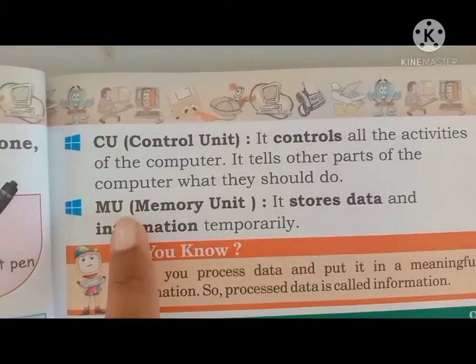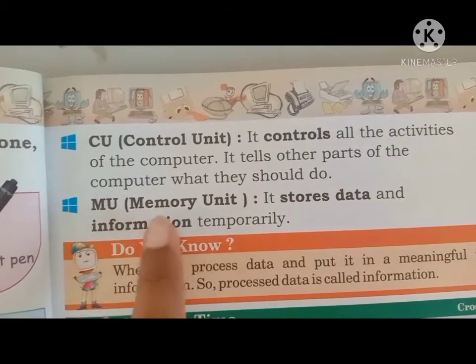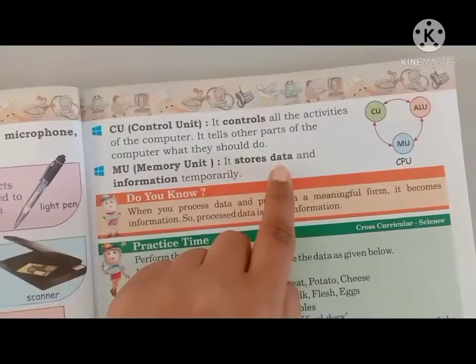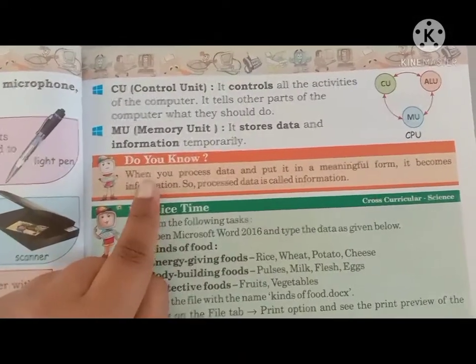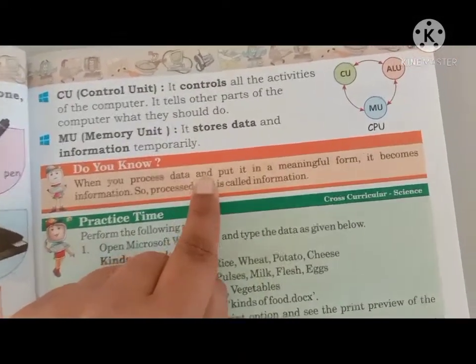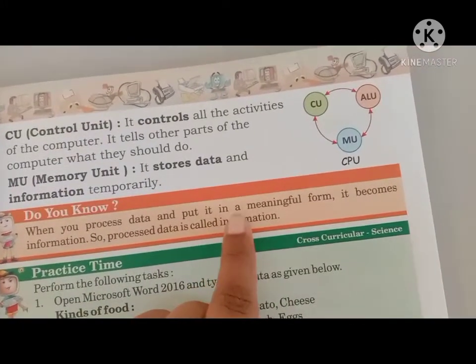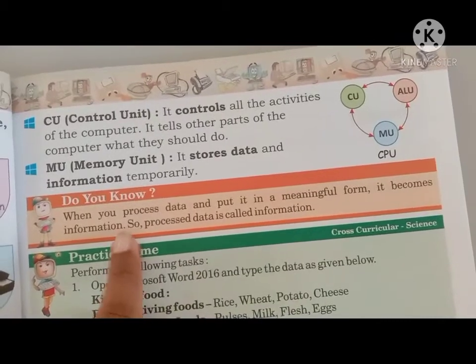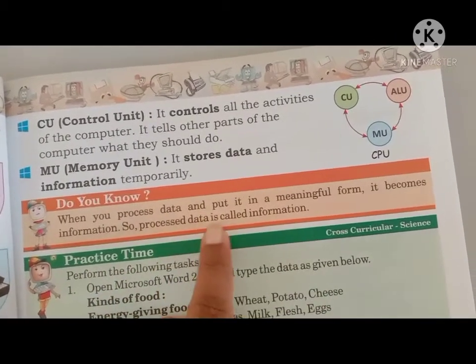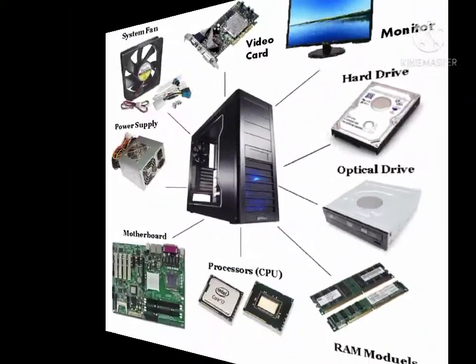Number 3, MU, which stands for Memory Unit. It stores data and information temporarily. Students, do you know when you process data and put it in a meaningful form, it becomes information? So, processed data is called information.